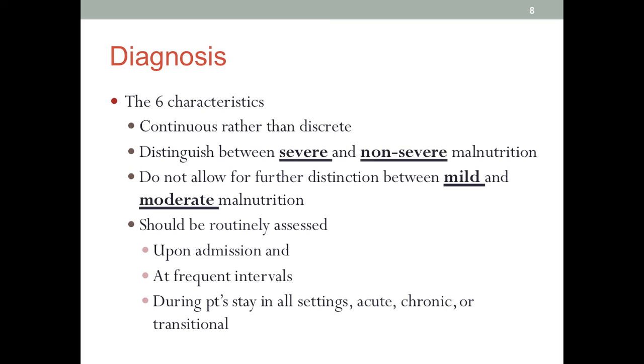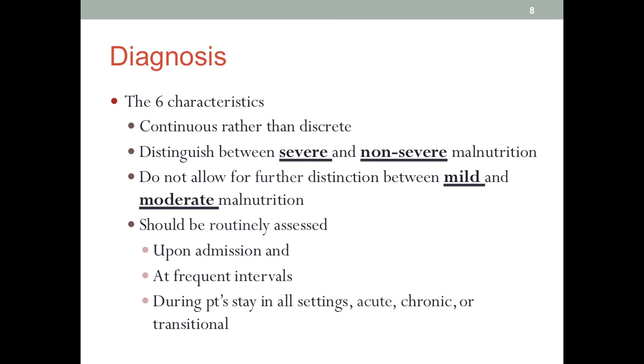Also, you'll notice that the etiology-based diagnosis of malnutrition distinguishes between severe and non-severe malnutrition. However, there is no distinction between mild and moderate malnutrition. Notice that they were grouped in the same category on the flowchart.